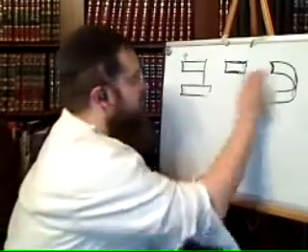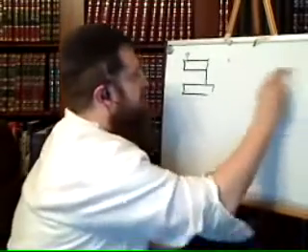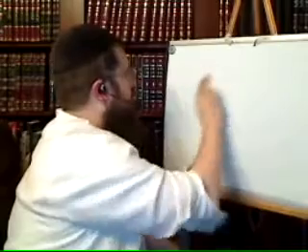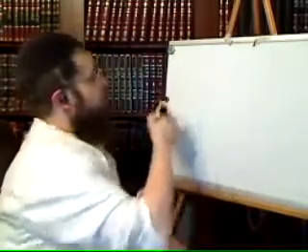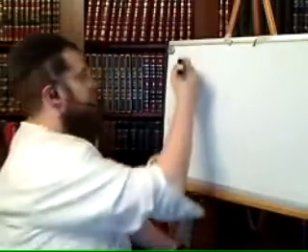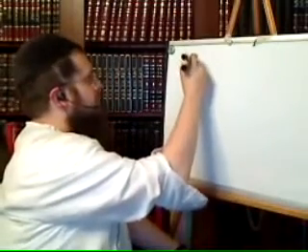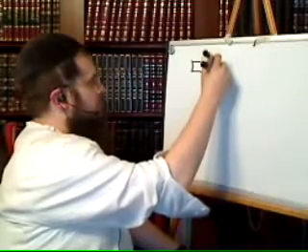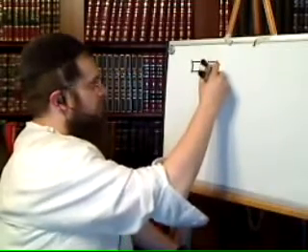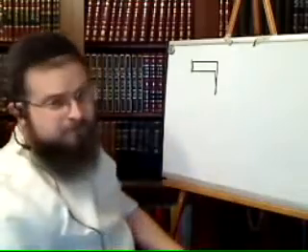Okay, another example of this has to do with the letter Dalet. The fundamental form of the letter Dalet, or the primordial form, the ivôt, looks like this. All right.